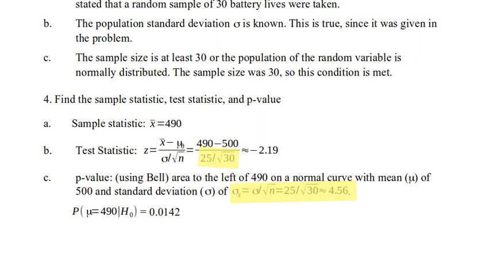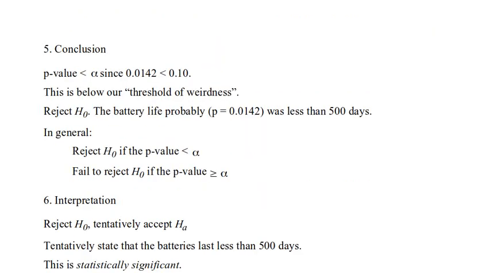This last expression says that the probability of getting a value of 490 or more extreme, given the null hypothesis, is only 1.42%.